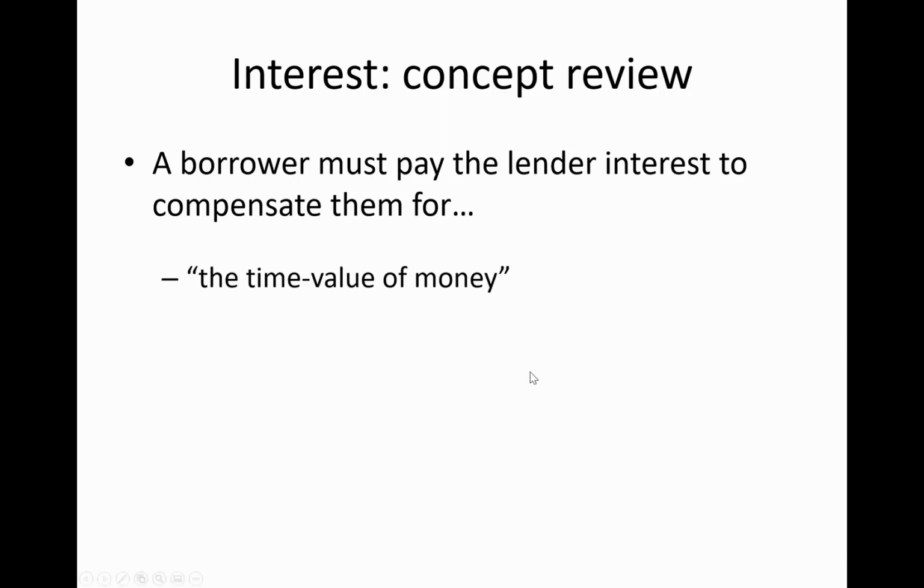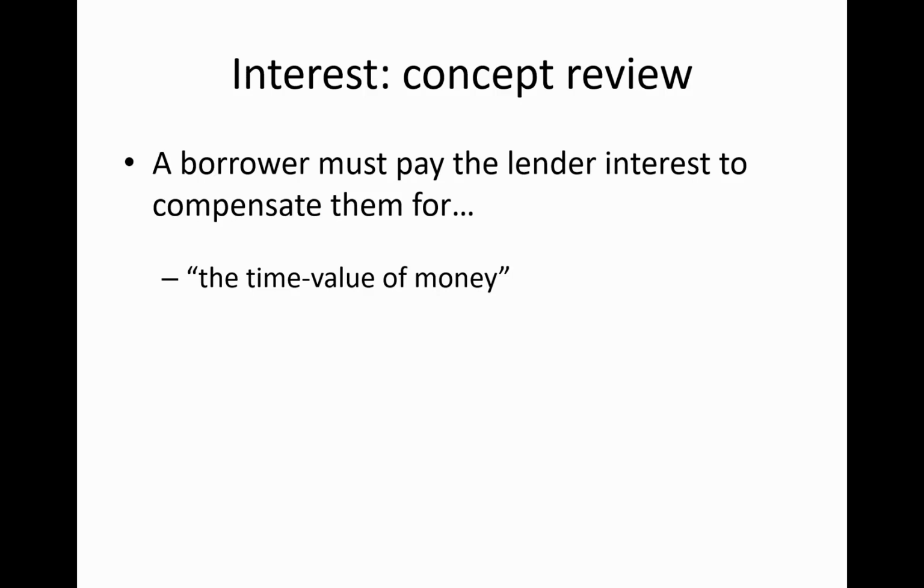First of all, there's the time value of money aspect. What that means is that money now is more valuable than money in the future because of inflation. What I mean by inflation is price inflation. That is, things in the future are going to cost more than they do now, so money now is more valuable, because you're going to need more dollars in the future to buy those things.